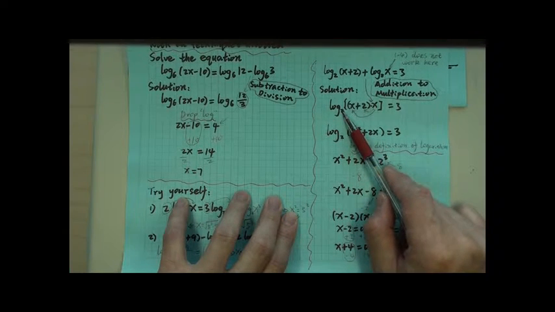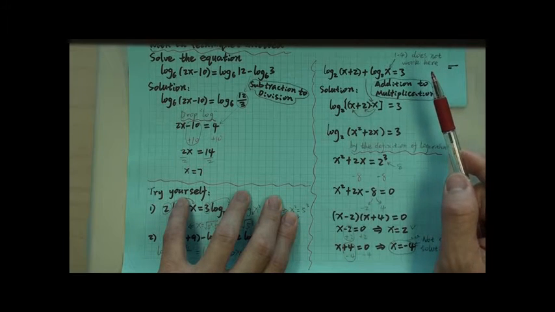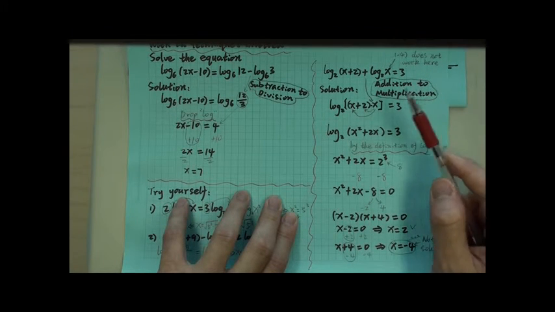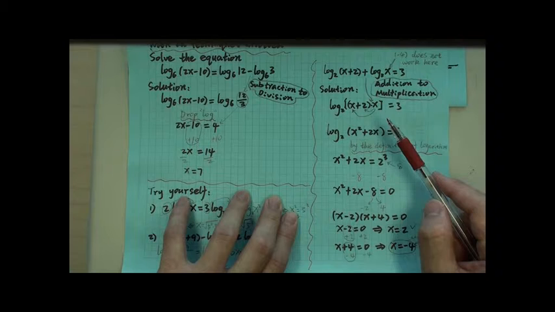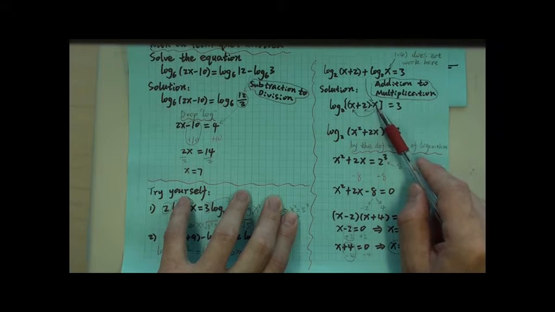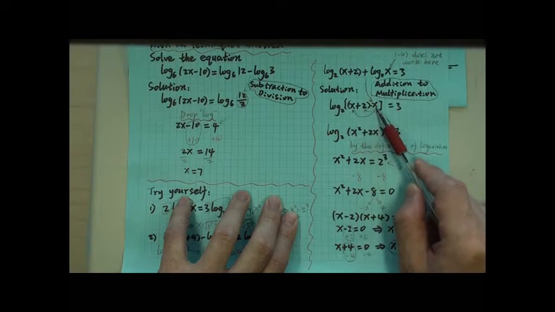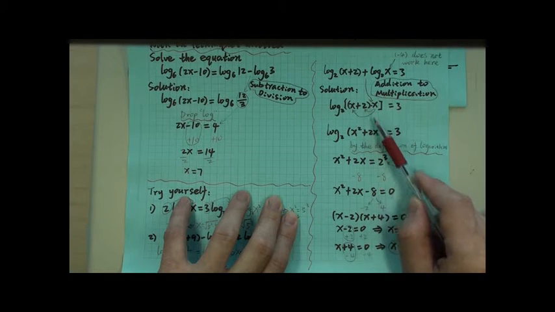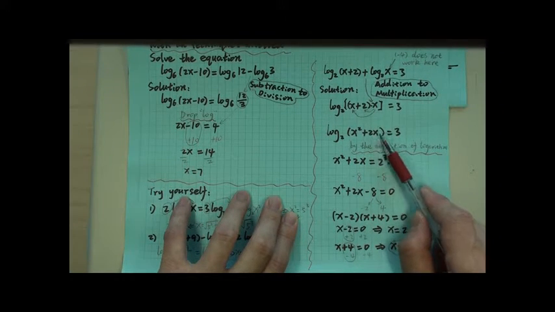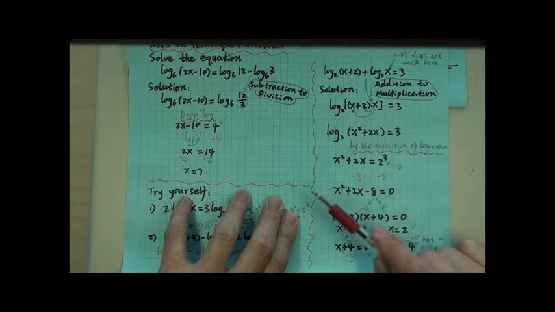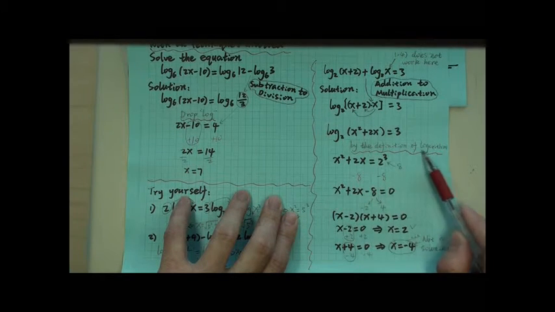Of this base. Before we use the definition, we need to use this x times this x and x times this 2. So that's by distributive property. And then we can do it by definition of logarithm.